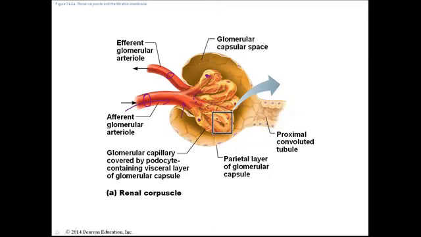These are the feet of the podocytes and make the slits. Okay? And this is the visceral layer of the glomerular capsule. So this is the parietal layer, and this is the visceral layer. Afferent in here, efferent coming out right here, and this will be the tubule.